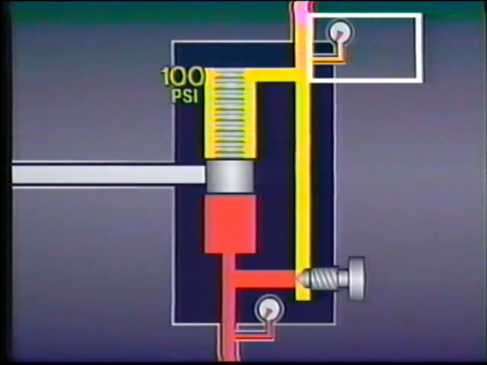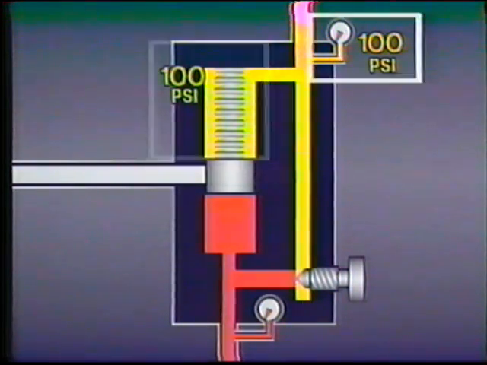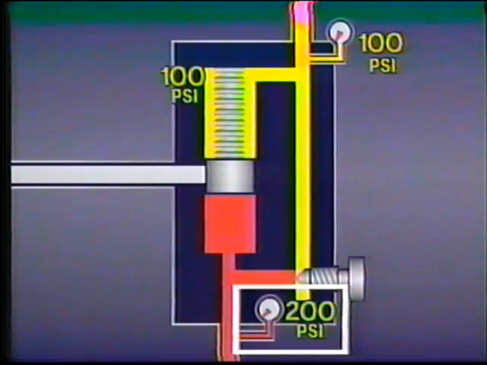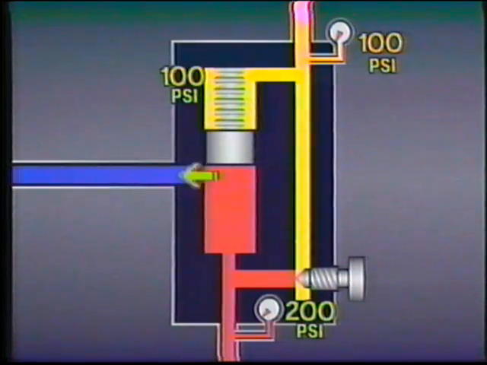If workload pressure drops to 100 psi, for example, then the combined pressure of the bias spring and the workload drops to just 200 psi. The spool shifts at 200 psi, sending fluid to tank. But the pressure differential across the needle valve orifice is still 100 psi, so the flow remains the same.